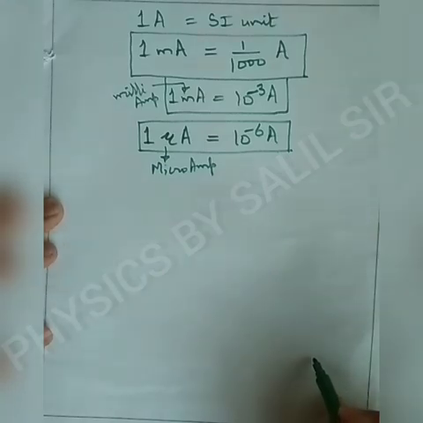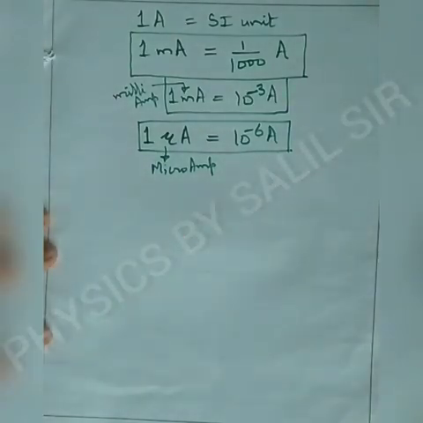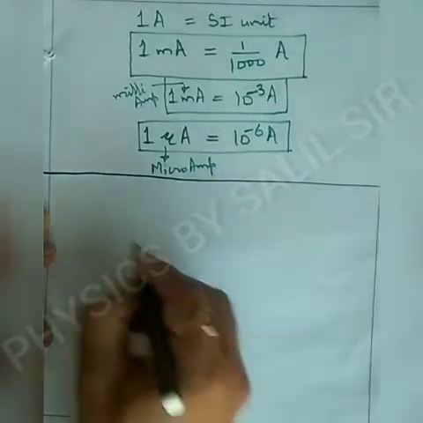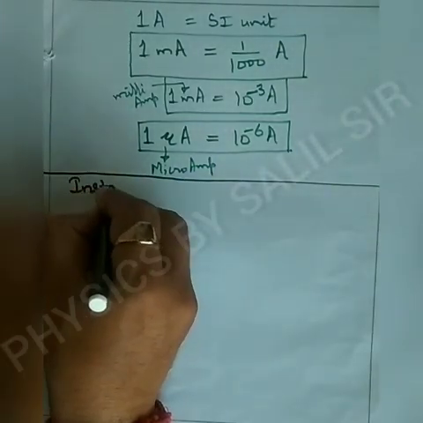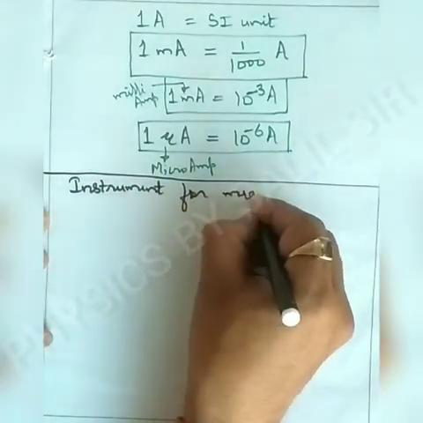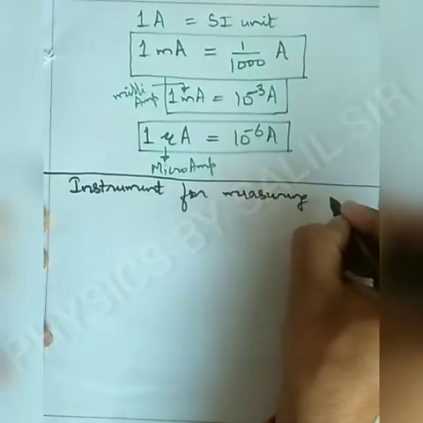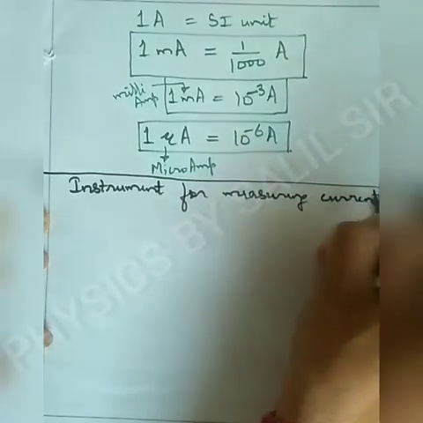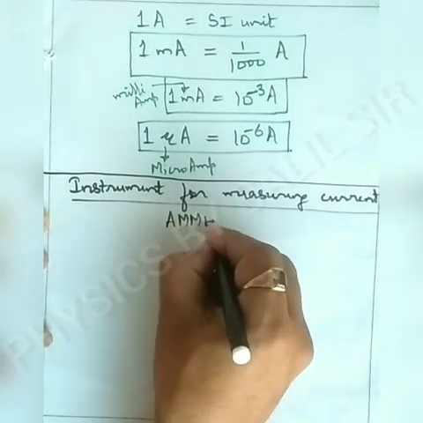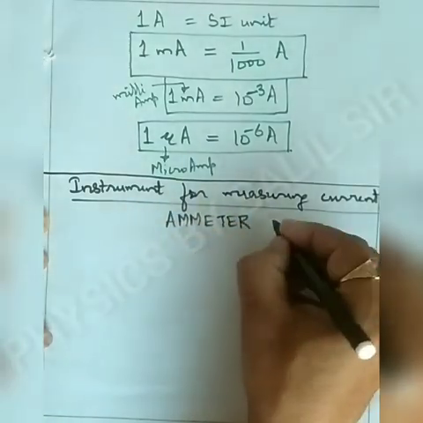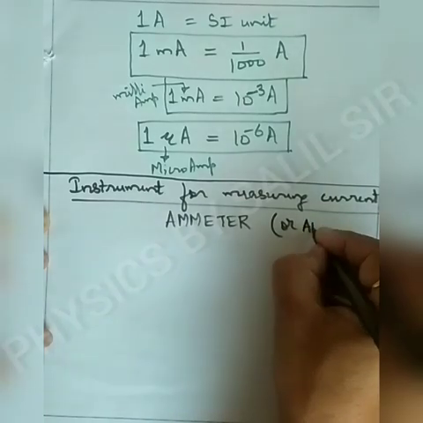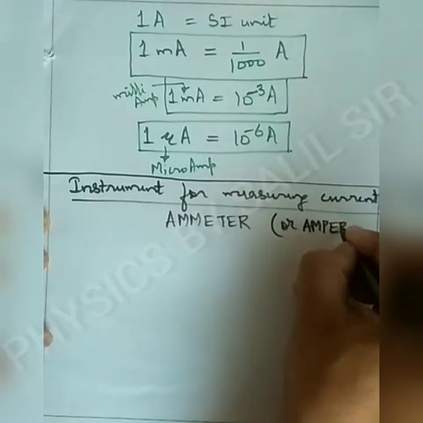And like the voltmeter, there is an instrument used for measuring current, and this instrument is known as ammeter, or we can say ampere meter.